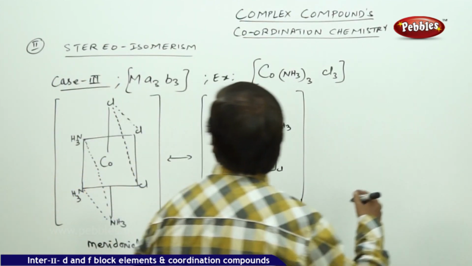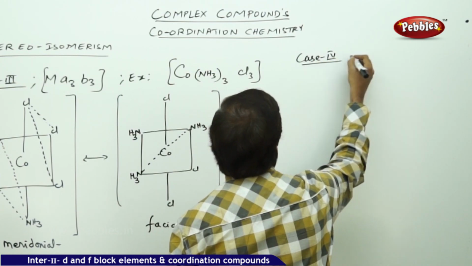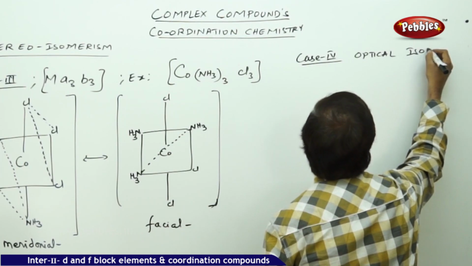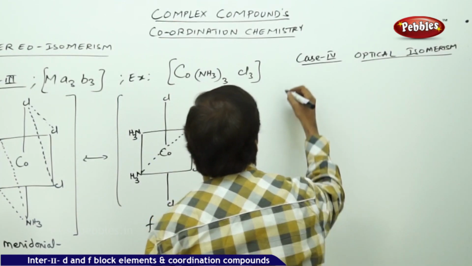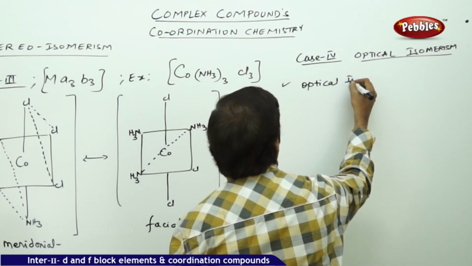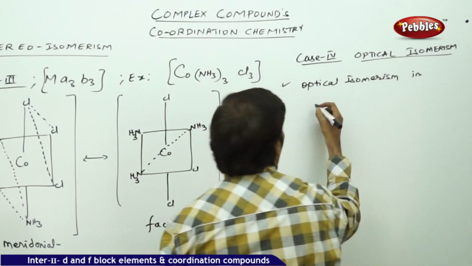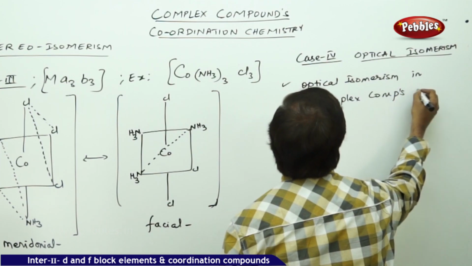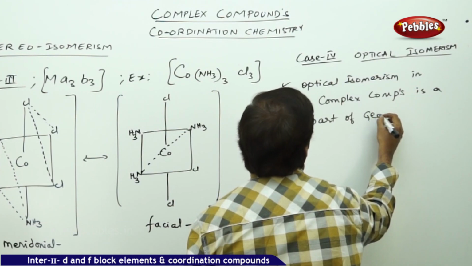Now we will go for the next part of the discussion, that is case 4. In case 4 of stereoisomerism, we will go for optical isomerism. Optical isomerism in metal complexes, in complex compounds, is a part of geometrical isomerism.